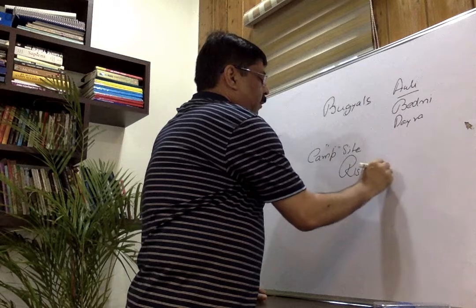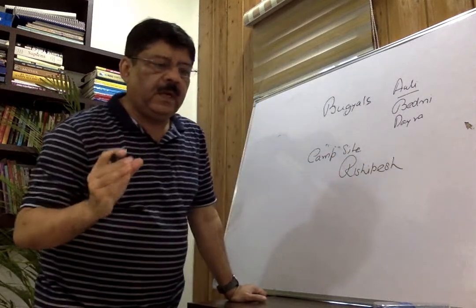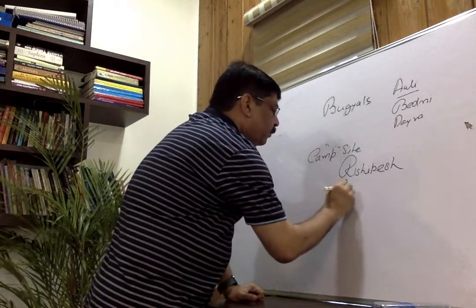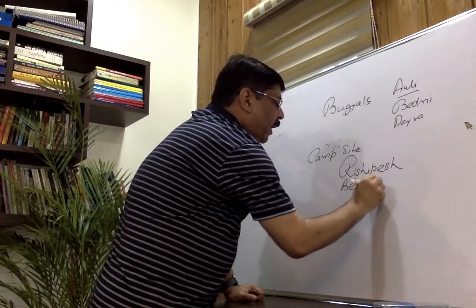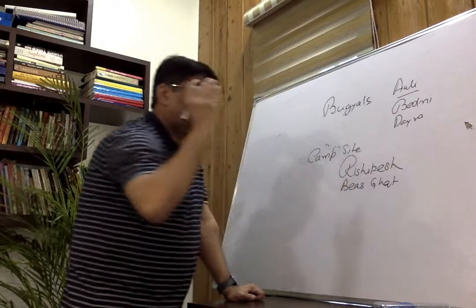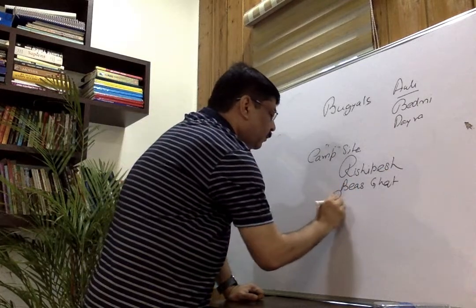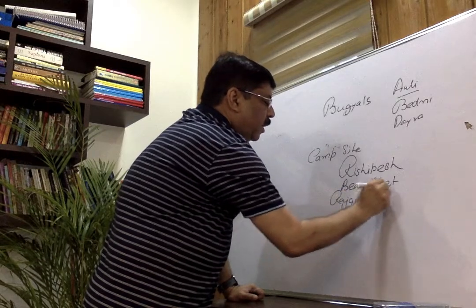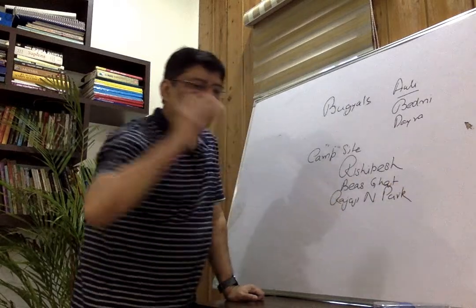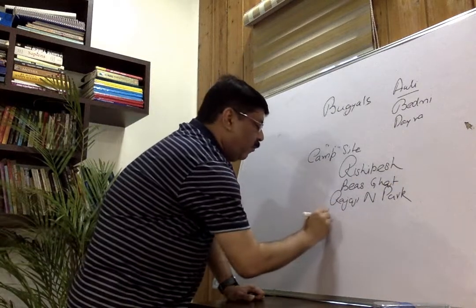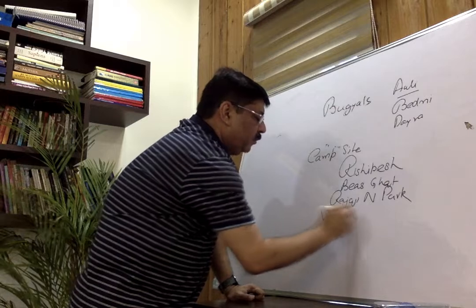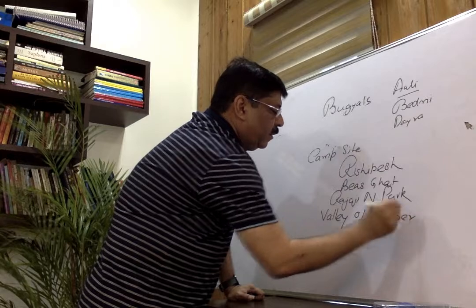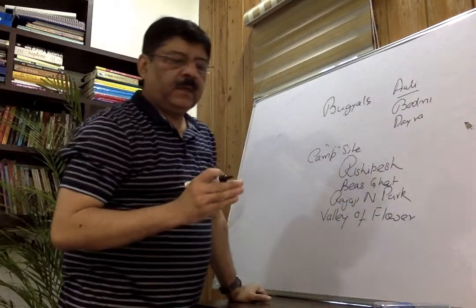Some camps are near Mussoorie. You can camp on Beas Ghat. You can pitch your tent in Rajaji National Park, and in the Valley of Flowers, a very beautiful and pulling tourist spot.